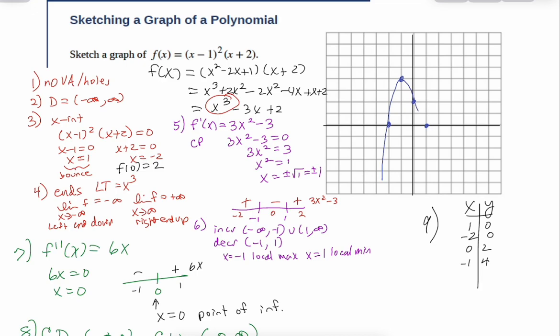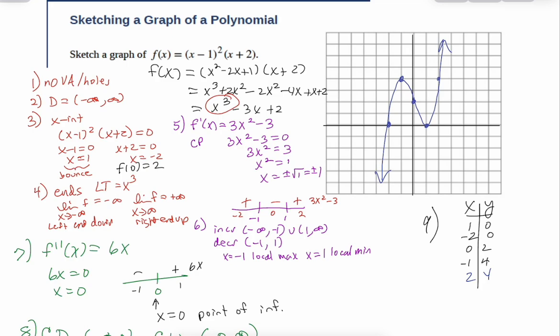It's going to bounce off of here because that's a local minimum, and the concavity changed. So you could even have plugged in like 2. If you plug in 2, you get 4. But that's what my function looks like.